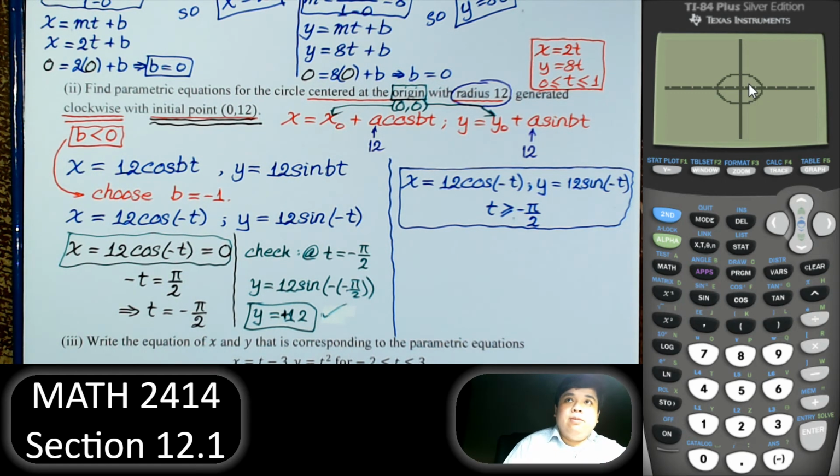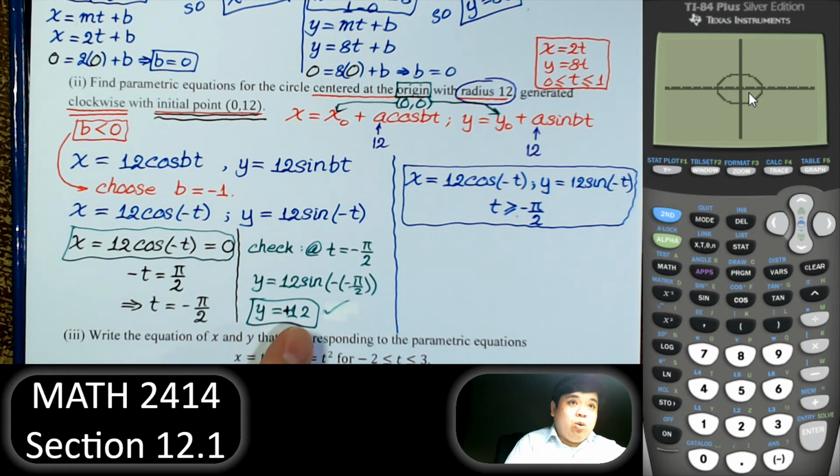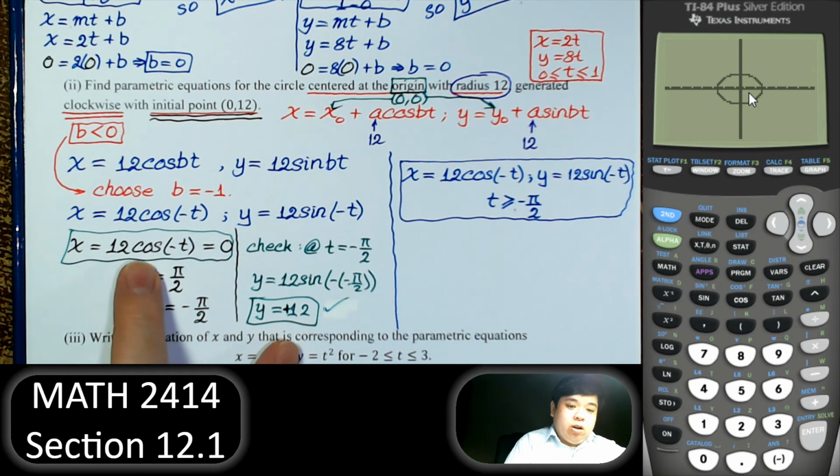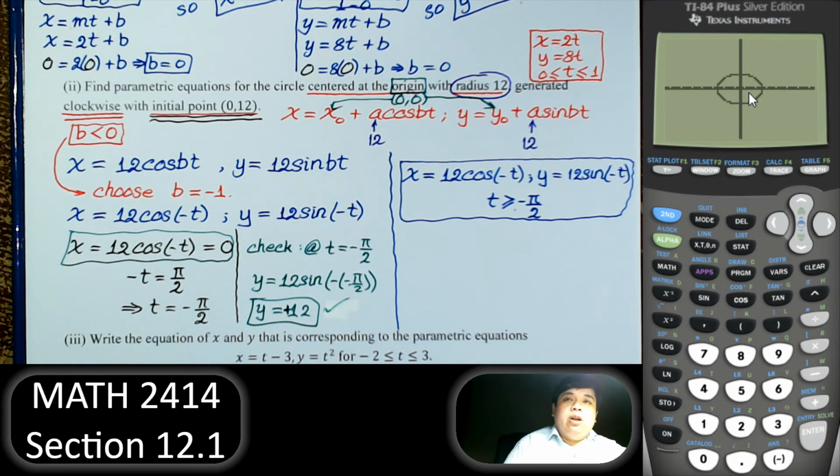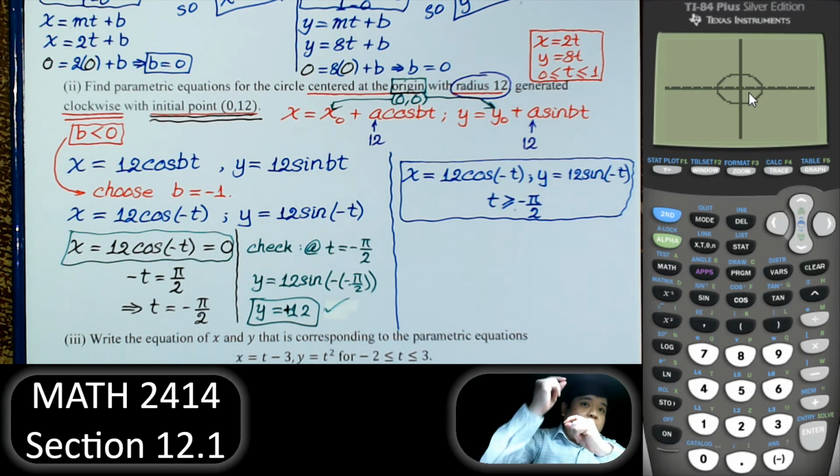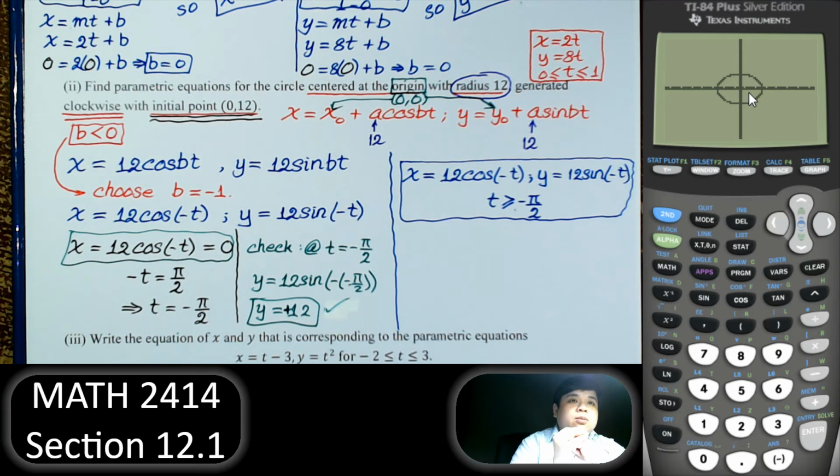Right. So make sure that we choose the form for x and then make sure that it also works for y. Both of them work. So it's negative pi over 2. Now, the important thing is, what if we only want to go 1 revolution and we don't want to go past that?